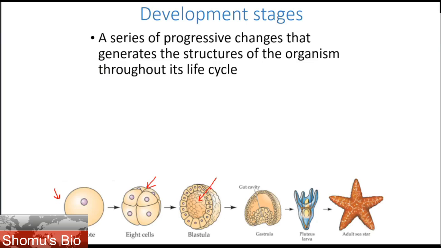This is known as a fluid-filled cavity, and this state is known as the blastula stage. Okay, so once the blastula stage is formed, then it is being modified. How exactly? Now those cells that surround that fluid-filled cavity start to migrate towards a specific direction, and this migration will lead to the formation of a cavity which is known as the gut cavity.